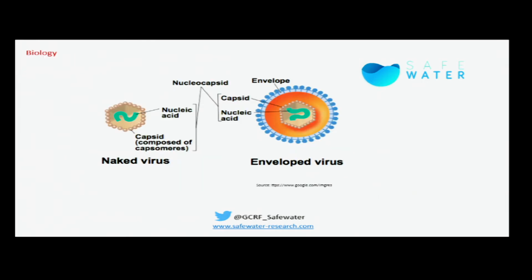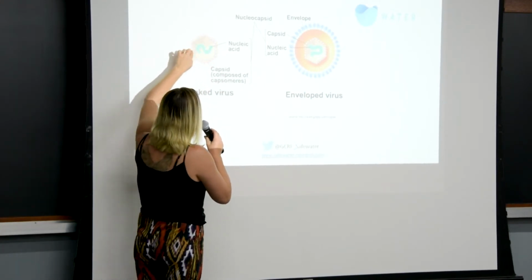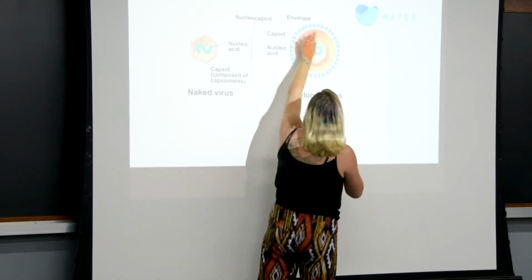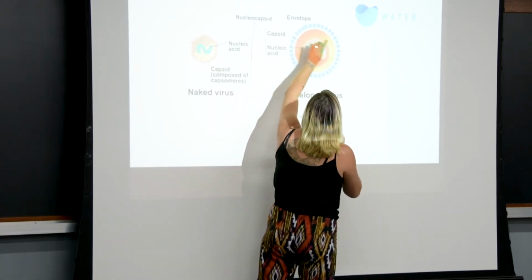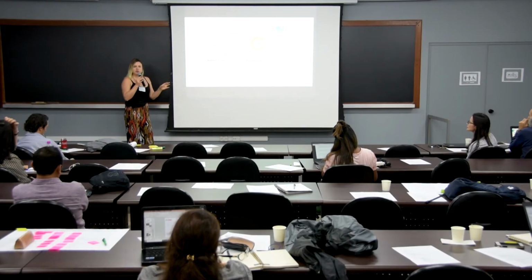So here, basically, we have two kinds of virus. These viruses infect humans. We have one without the envelope and one with the envelope. This envelope is a bilayer formed basically by glycoproteins.